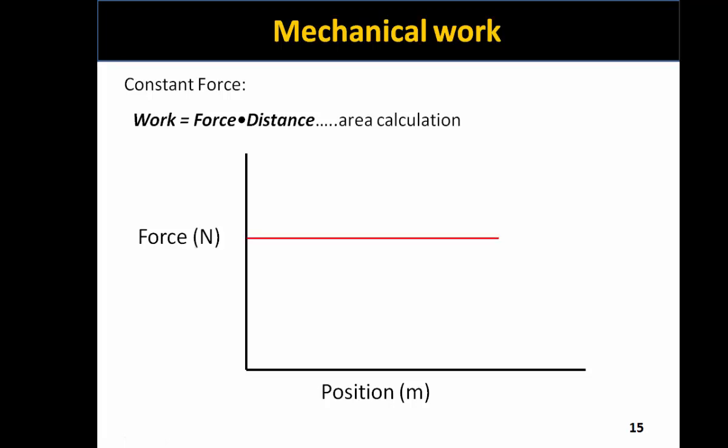And in this example, if we apply a constant force, that's going to cause an object to change position, what we see here. To calculate the work performed by this force, what we simply do is multiply the x-axis by the y-axis, force times the distance moved, and geometrically that is an area calculation.